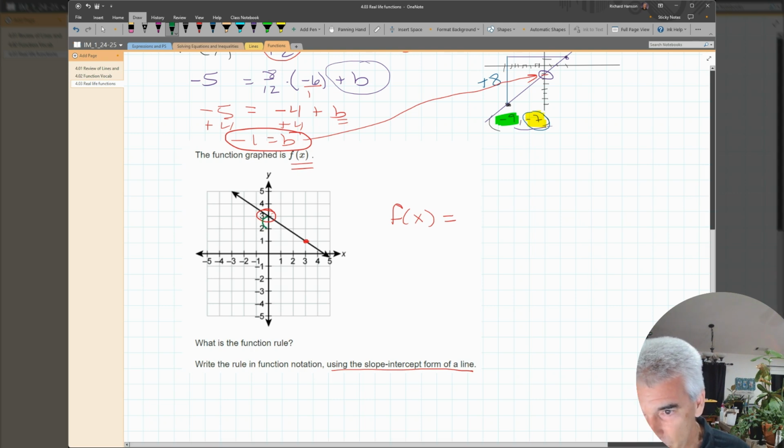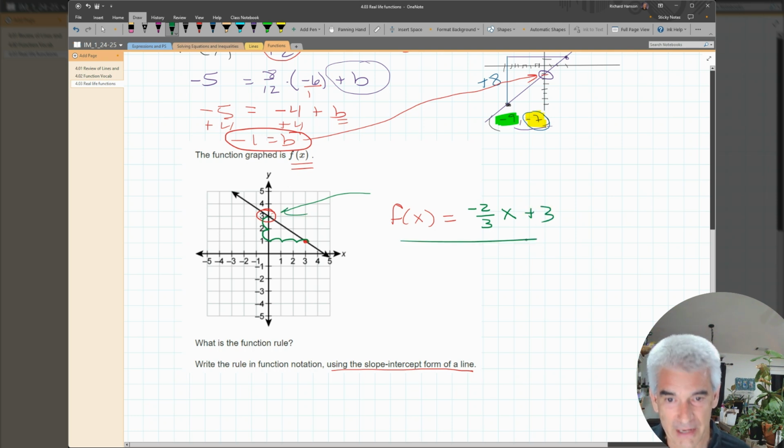I'm going to go down 1, 2, and then over 1, 2, 3. So I went down 2 over 3. That's my slope, and I'm going to multiply it times x. And since where it crossed is 3, I have plus 3 at the end. So there, you're done. When they give you a graph and they give you the y-intercept, you should be thanking them.